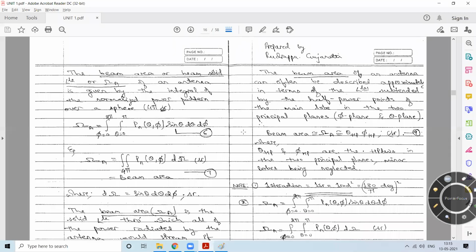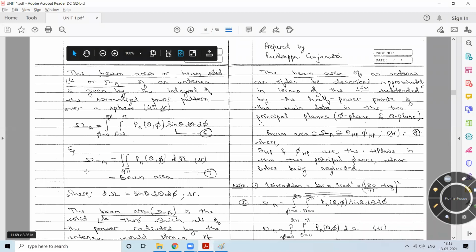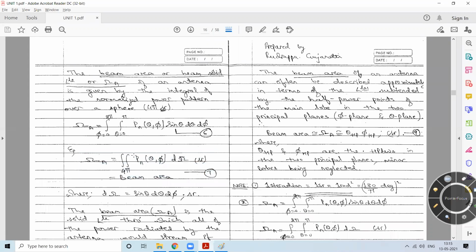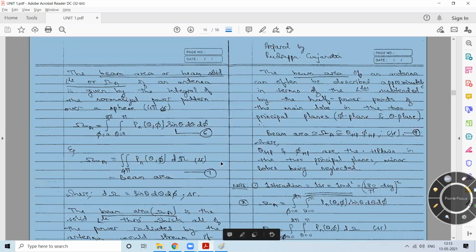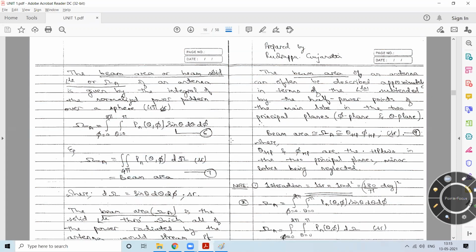So this is the information pertaining to the beam area and the beam solid angle. Beam solid angle omega A is given again by the integral of the normalized power with respect to the solid angle, wherein d omega is nothing but sine theta d theta d phi, which is given in terms of steradians.